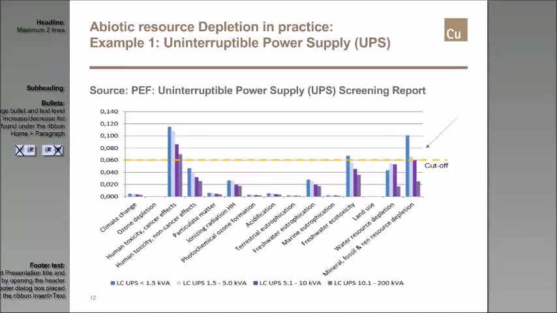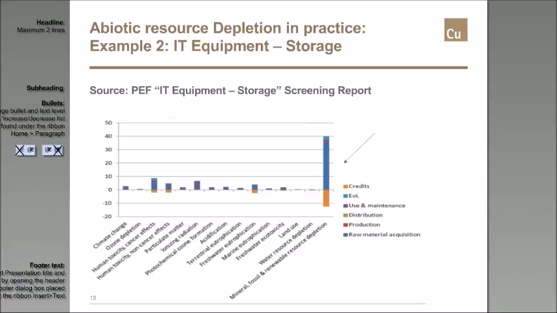So the question is, is that really an indicator that is helping us to improve resource efficiency in products? The second example is IT equipment. Again, a product that could be inside the scope of the eco-design directive. And in this case, the same appears.